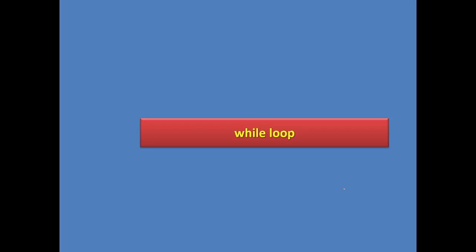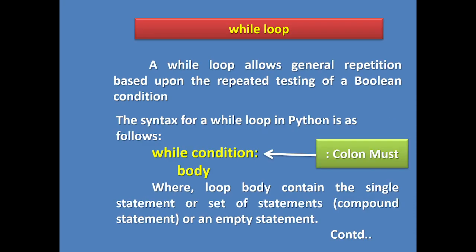First, let's see what is a while loop. See, a while loop allows general repetition based upon the repeated test of a Boolean condition. As I told you, we have to give a condition, and only on that condition will the body of the loop run. And what is the body of the loop? It is nothing but a code block, right?